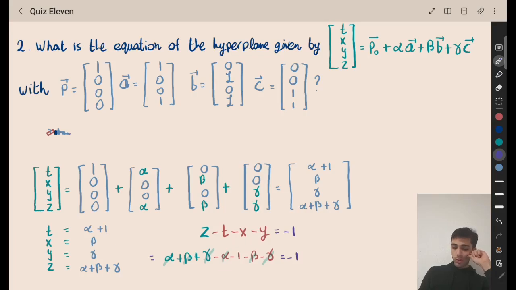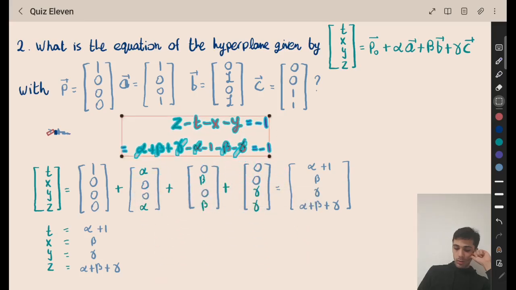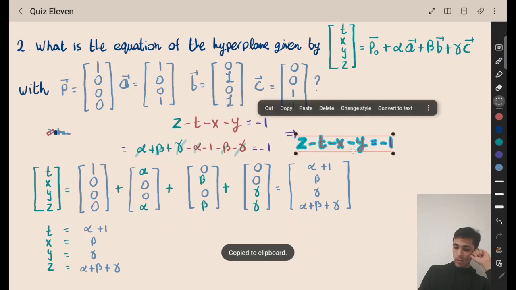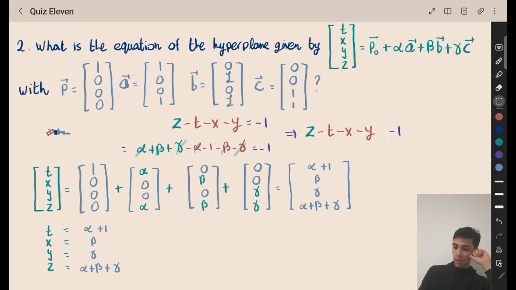Or in other words, you could also say that this would imply that z minus t minus x minus y plus 1 is equal to 0.